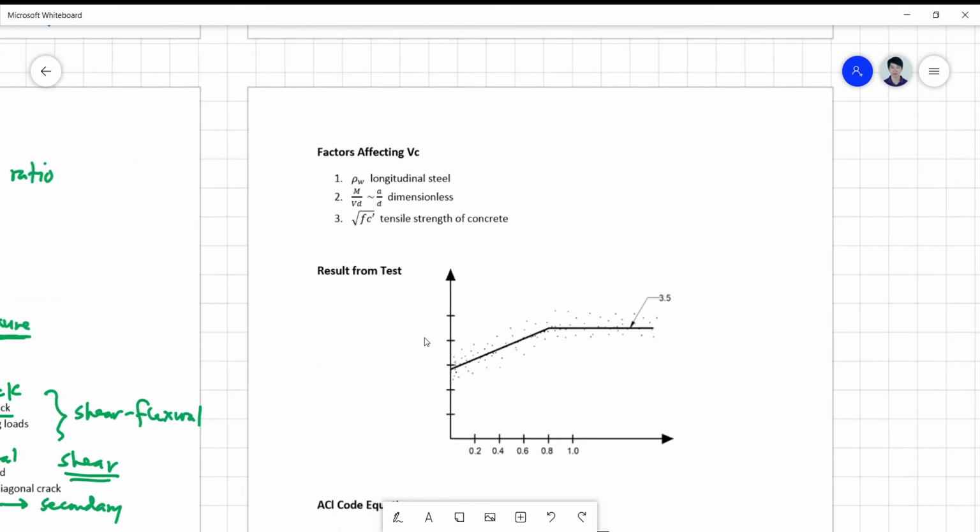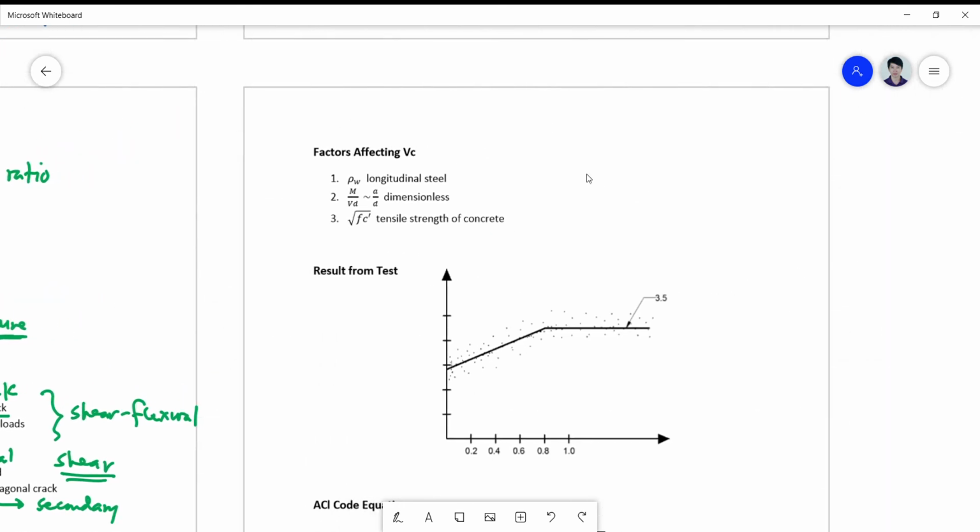Okay, and these are the factors actually which affect your Vc. So we have the rho or the rho w. The w there simply states that this is based on the width of the web in case it's not a rectangular beam. Okay, rho and rho w are just equal.